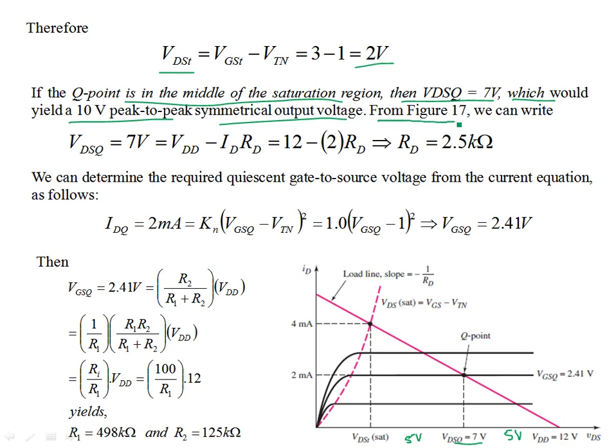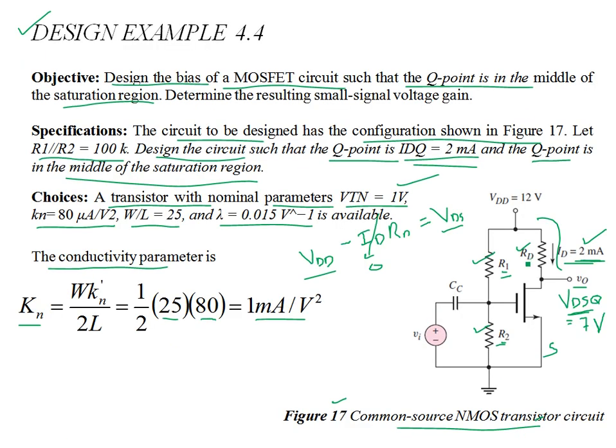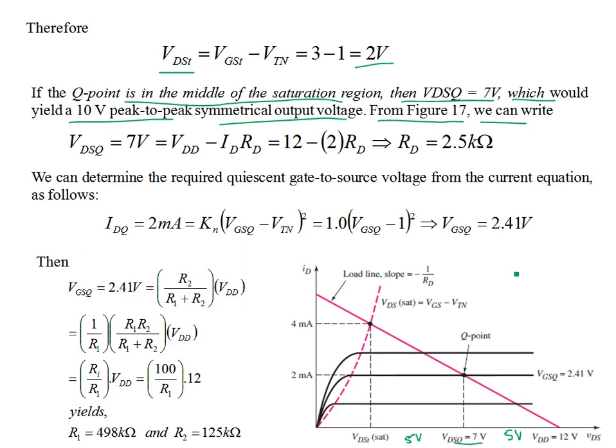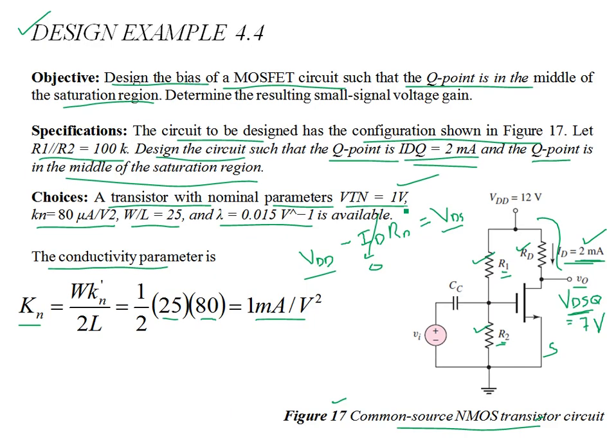Then from figure 17, this is my figure 17, if you write the same relationship that I have written before for the output KVL, now you have VDSQ and IDQ as well. I'm just rephrasing this equation: VDD minus VDSQ divided by IDQ gives you the drain resistance.